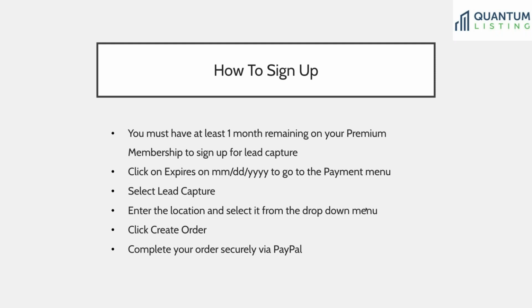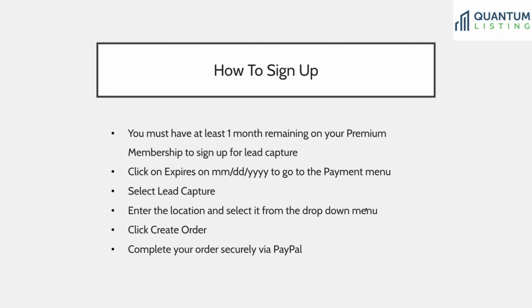All right, so how do you sign up? You have to have, as I mentioned before, at least one month remaining on your premium membership to sign up for lead capture. And I'm going to describe it here, and then we'll go look at some pictures. If you click on expires on the month, date, and year, which is on the left-hand side of your profile page, it takes you to the payment menu. In addition to being able to renew your membership, you'll now see an option to select lead capture.